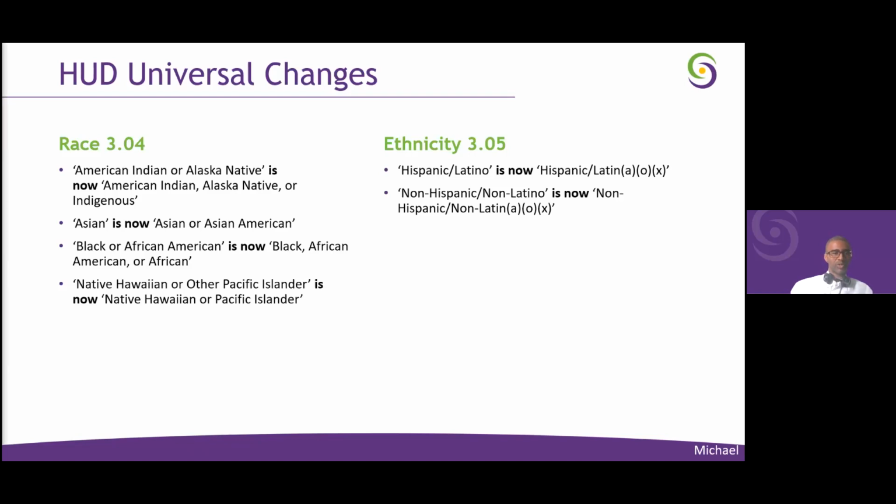Asian will be Asian or Asian American. Black or African American will be Black, African American, or African. Native Hawaiian or other Pacific Islander will be Native Hawaiian or Pacific Islander. And of course, we go over all of these in our new user trainings.